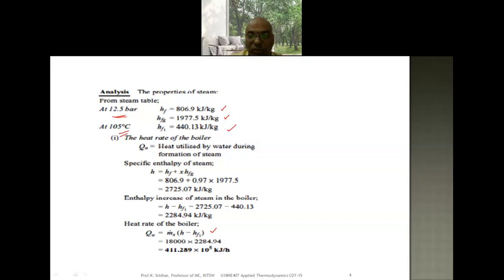H minus hf1 we already calculated here as 2284.94. Because it is wet steam, h is hf plus x into hfg, which is the formula to calculate the enthalpy of wet steam, and hf we directly know as 440.13. By substituting all the values, we get the heat rate of the boiler.